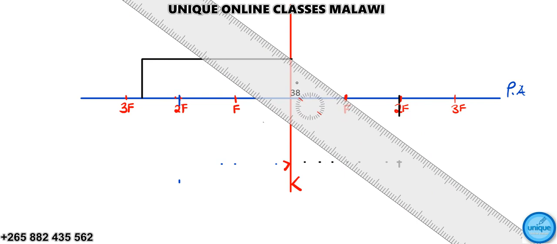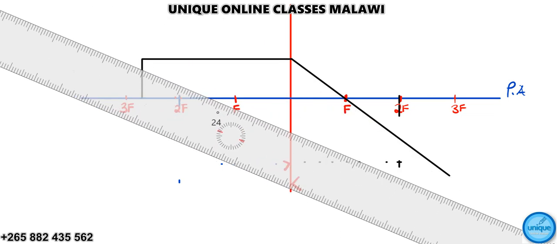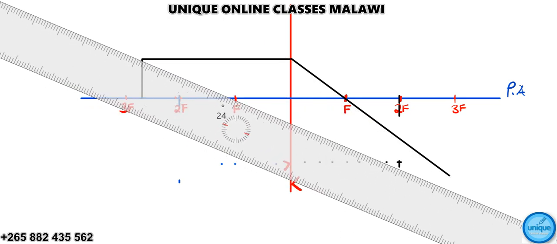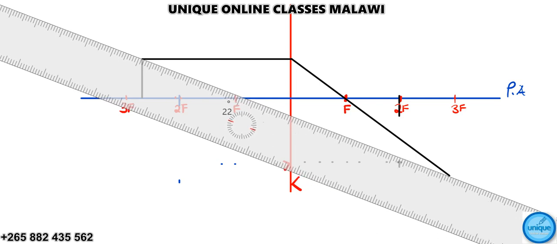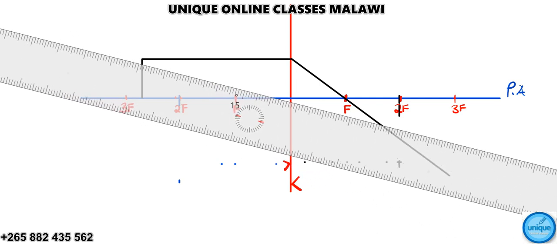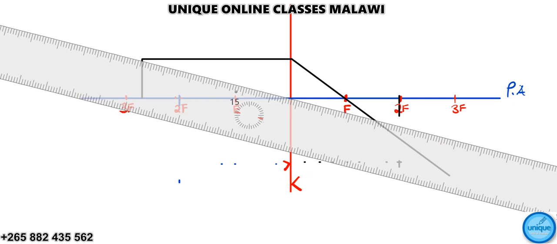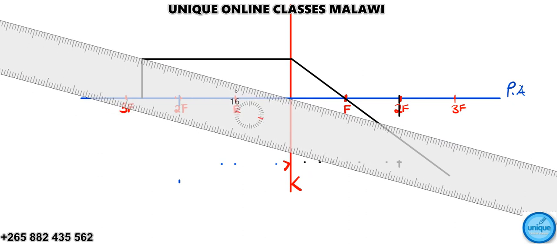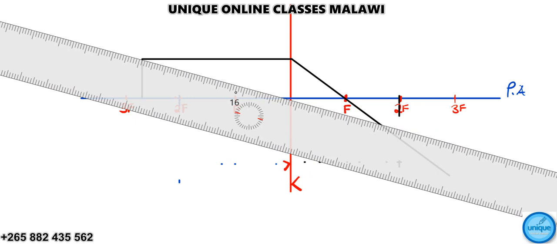So we have that, our principal ray. Then the central ray goes through the optical center. We have the optical center, so that's the thing. Let's have that one. And I should take a red color, so the line passes through there, something like that.